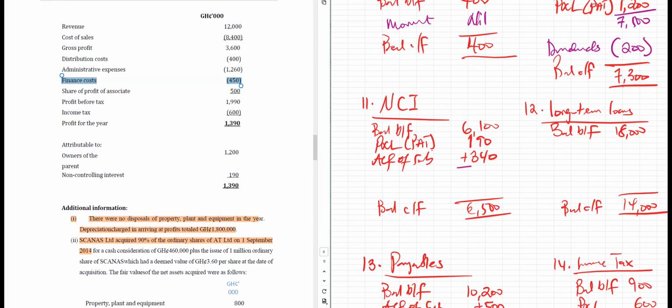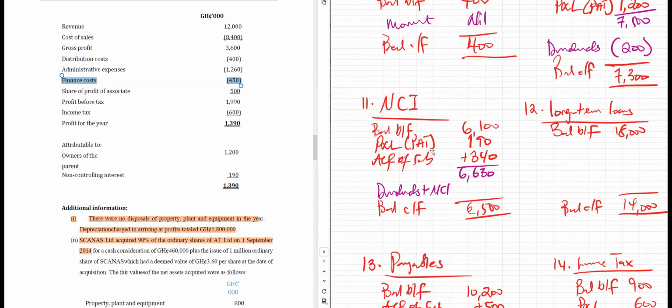NCI. NCI was 6,100. P&L profits came and added up. Then we acquired a new subsidiary that came with NCI. So NCI should have been how much? 6,100 plus 190 plus 340. Should have given us 6,630, but it reduced to 6,500. So did we pay dividends to NCI? Yes, we did.